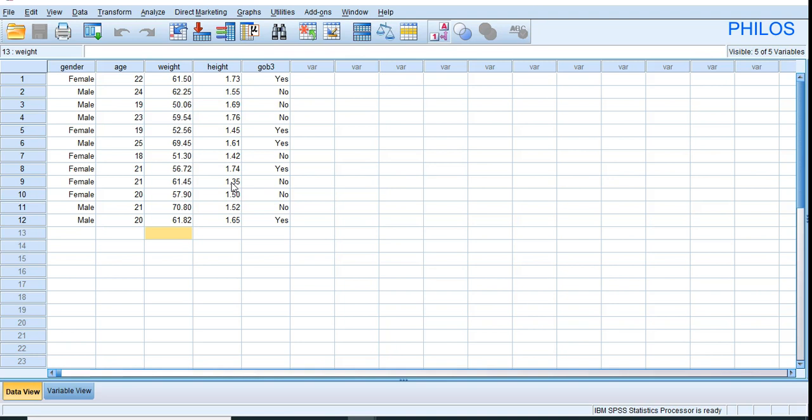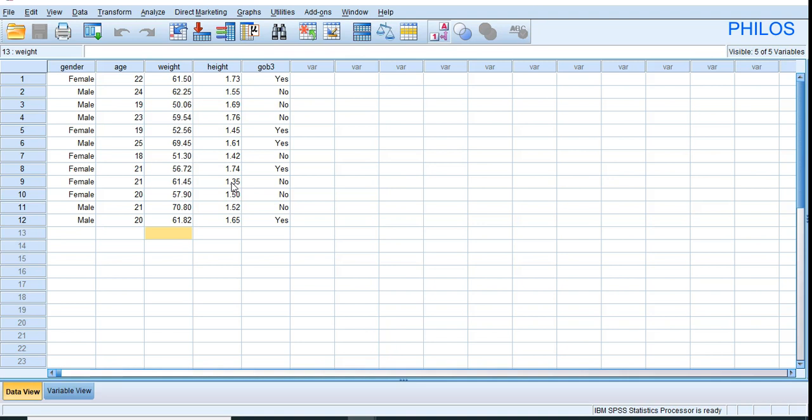Now as I said earlier, let's say the Vice Chancellor claims that the average height of students in a particular college is 1.54, and we are going to perform one sample t-test to check if our sample mean is statistically significantly different from the mean stated in the claim.